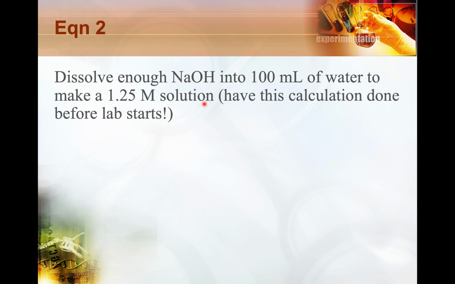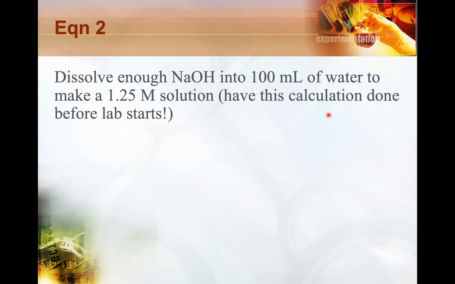So that's the nitty-gritty about how to do the experiment, but now going back to the general idea, once you've determined the heat responsible for the reaction of aqueous sodium hydroxide and aqueous hydrochloric acid, we'll then determine the enthalpy from the dissolution of sodium hydroxide. For this one, you're going to dissolve enough sodium hydroxide into 100 milliliters of water to make a 1.25 molar solution.